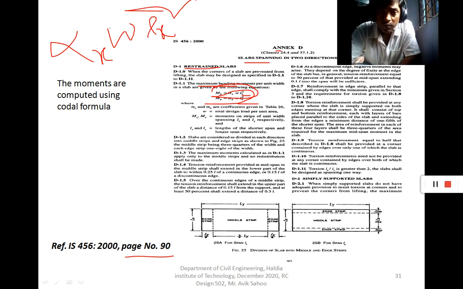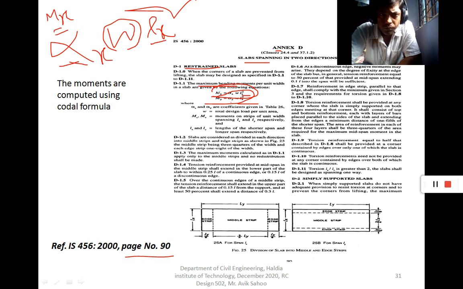Alpha x is the bending coefficient along shorter direction, and alpha y is the coefficient for My, w is the design load per meter run, and lx is the shorter span.